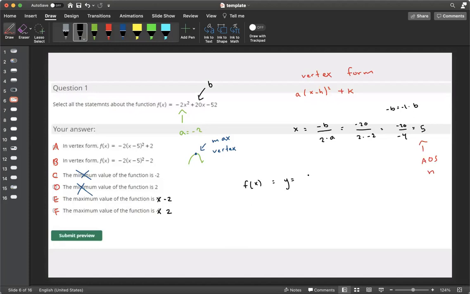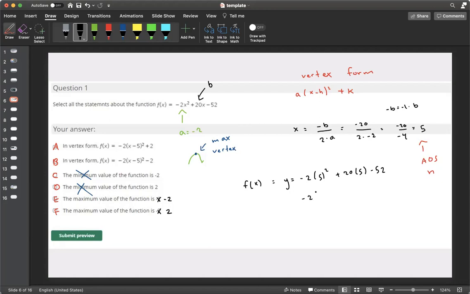They're both the same thing. So everywhere I see an x, I'm going to put a 5. So I get -2 times 5 squared plus 20 times 5 minus 52. So if I simplify this, 5 squared is 25.